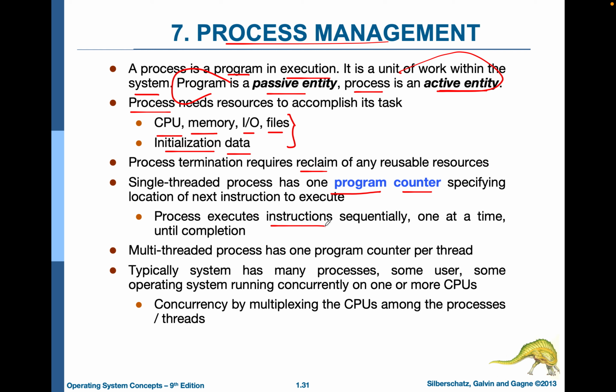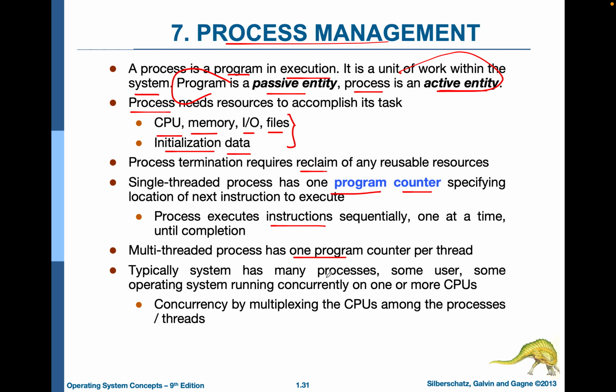Okay. For a multi-threaded process, sometimes we can have several processes at a time, which we call parallel. That's why later on you're going to learn about parallelism in your computer. It has one program counter per thread.